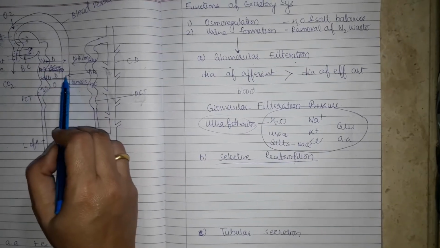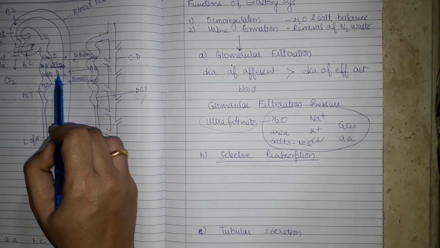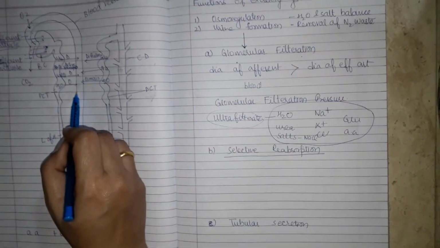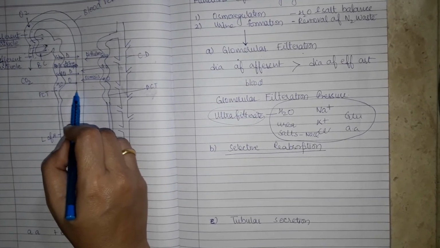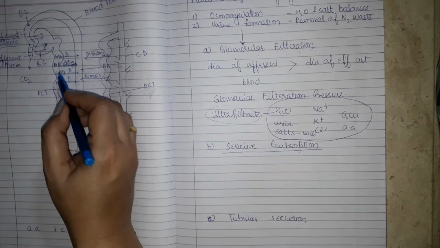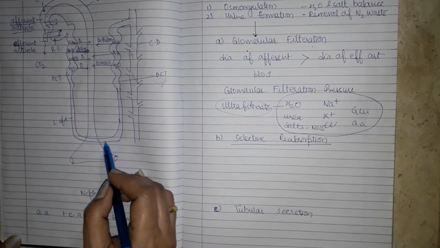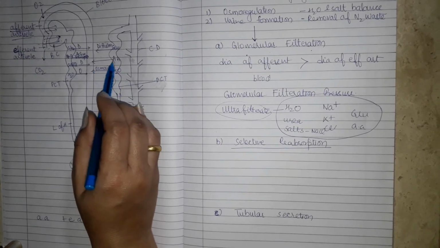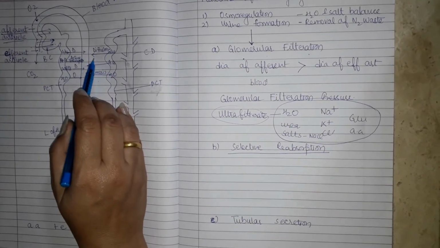Amino acids are absorbed back by the process of active transport. Salts by diffusion. Water is absorbed back by the process of osmosis and so on. So this is selective reabsorption. As the blood passes through the nephron, तो यहाँ से भी distal convoluted tubule से भी selective reabsorption can take place.